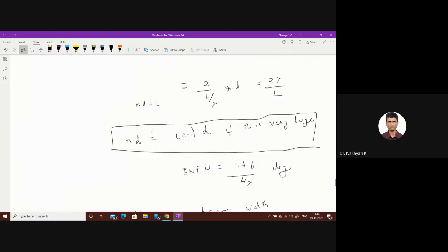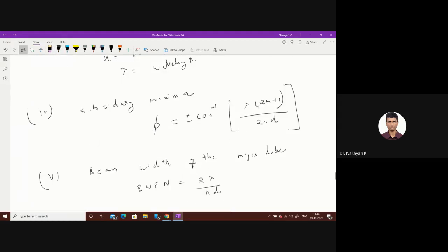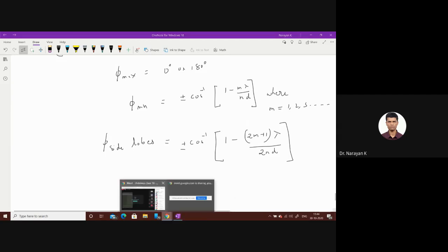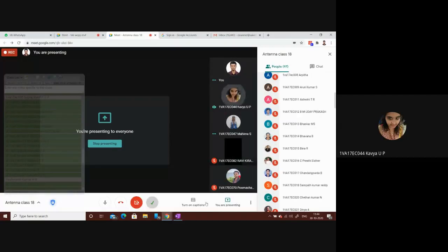Please see here, side lobes, what I have written is lambda (2m plus 1) divided by 2nd. In your subsidiary maximum for your end fire array, the broadside array expression will be 1 minus of this. Are you getting the difference? So if you remember one, the other one you can write. Clear? Yes, sir.